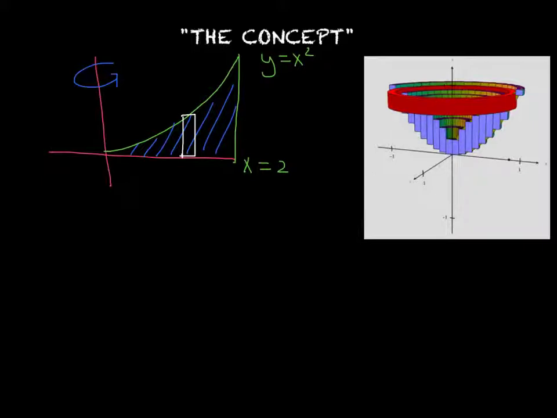When you rotate this rectangle around, it forms a shape like a cylinder, but a hollowed out cylinder. We'll call it a shell with a little bit of thickness.